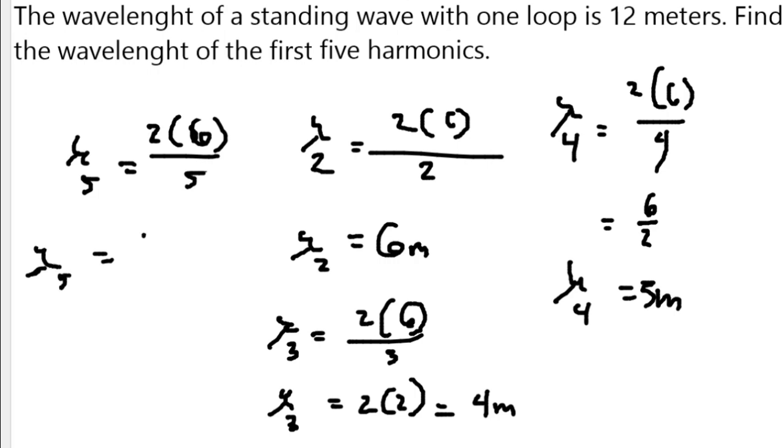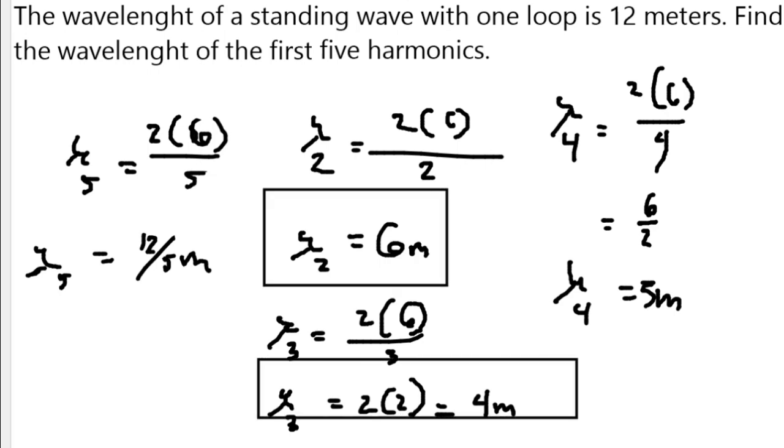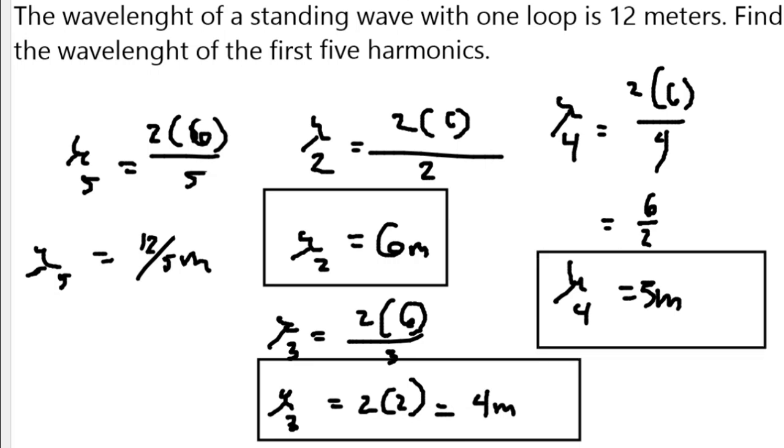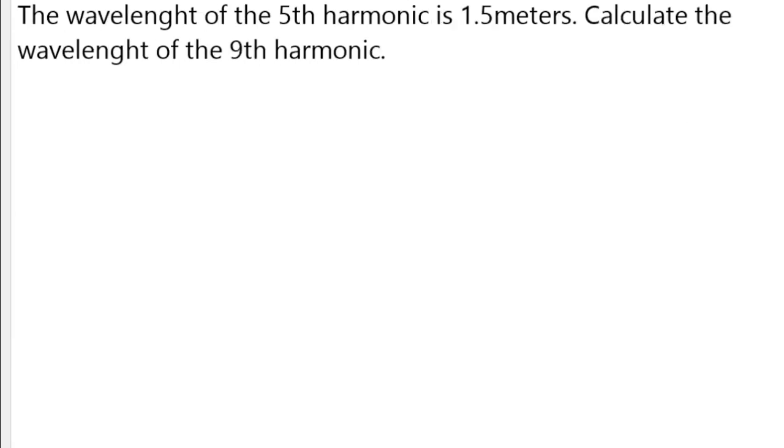It's going to be 12 over 5. So let's leave it as an improper fraction. So that's the wavelength of the second, third, fourth, and fifth. We already know the first one, that's going to be 12 meters, and we do not need to calculate it. So the wavelength of the fifth harmonic is 2.4 meters.